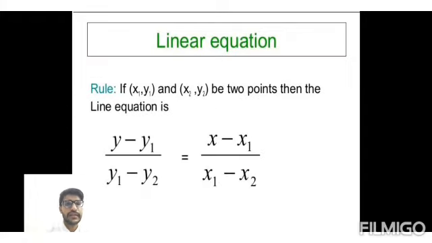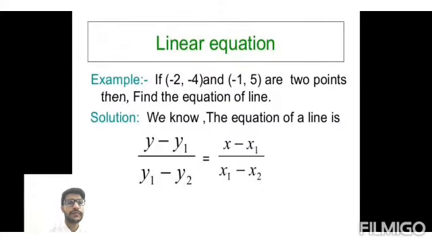Rule: if x and y are variables and the line passes through 2 points, the line equation is (y minus y1) upon (y minus y2) is equal to (x minus x1) upon (x minus x2).